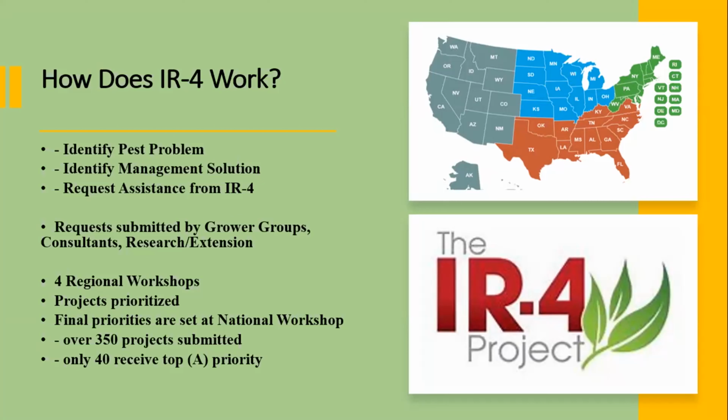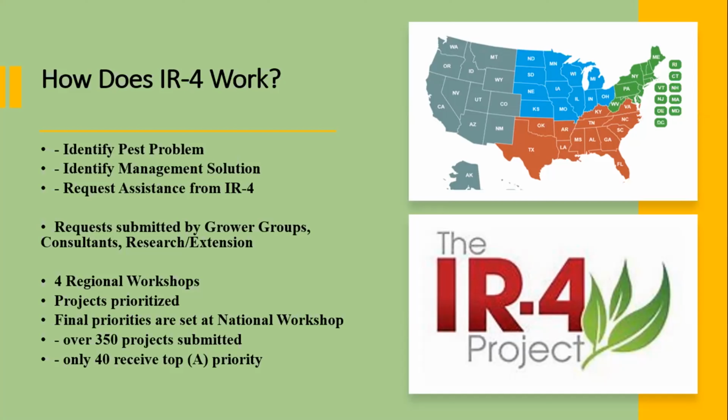Those requests are normally sent about this time, sometime in the spring, and they assemble all the different projects and bring them to 4 regional workshops, and you can see the map of those regions. Of course, we're in that southern region. The projects are prioritized by each region.